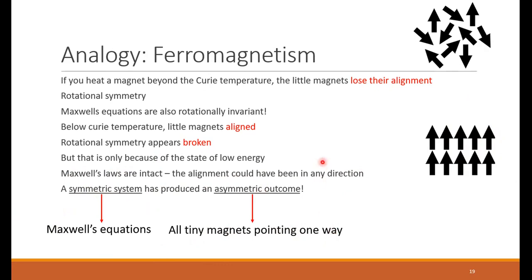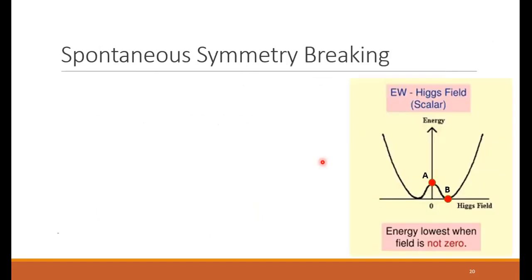Now, we can apply this analogy to the Higgs field. All right, a quick background physics lesson. When the universe was first formed, it was very hot, right? And when it was hot, on this graph, we were at point A. This again is the wine glass shape that I talked about earlier for the Higgs field.